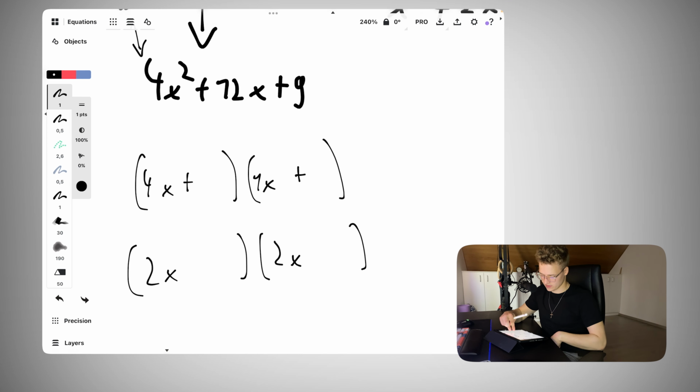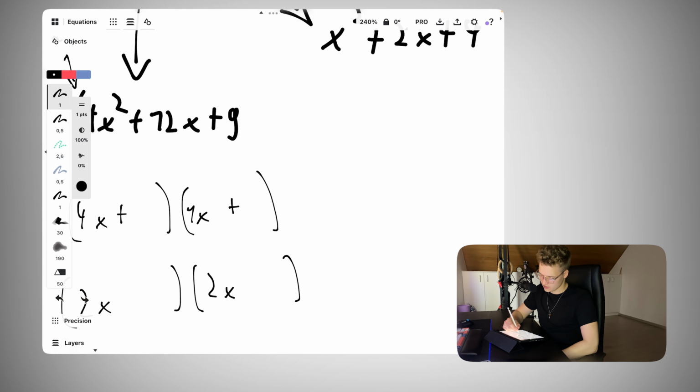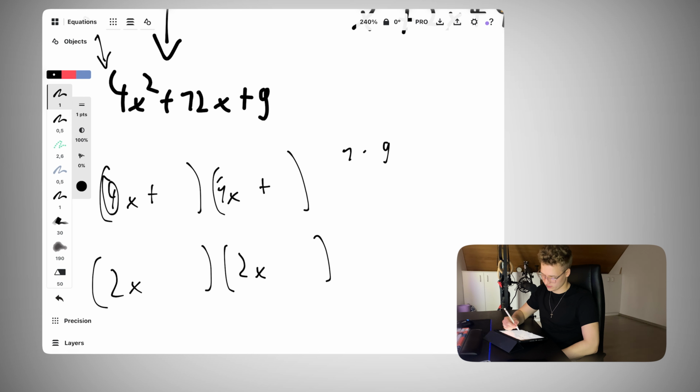Okay, so let's look at the first case. Let's say that we have 1 times 9. Well, we can either look at this example, and in which case, the first case, we could have, for example, 4 times 1 plus 1 times 9, or 4 times 9 plus 1 times 1. So the order does matter.